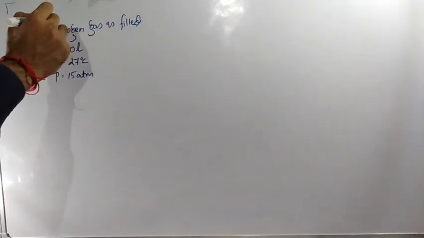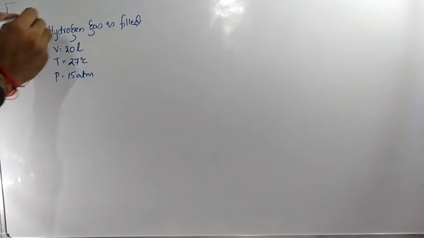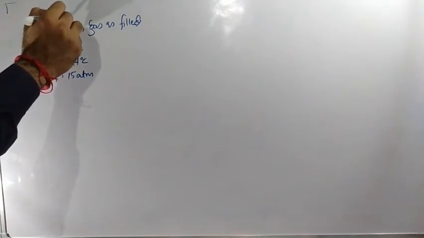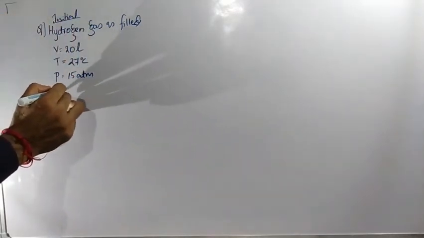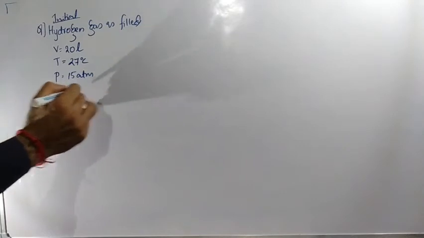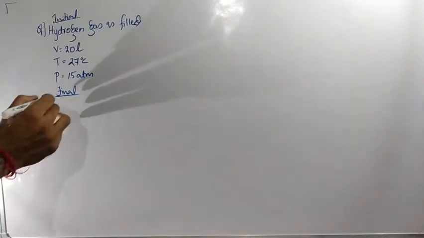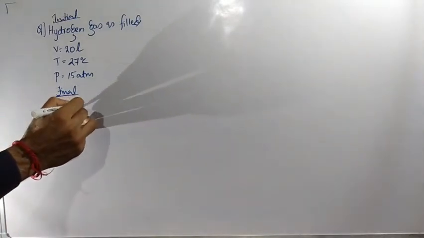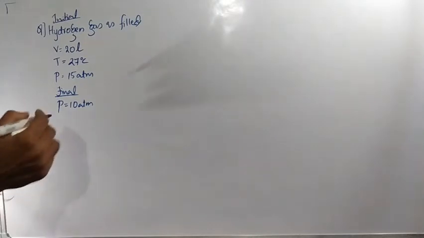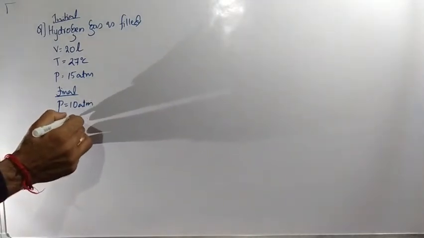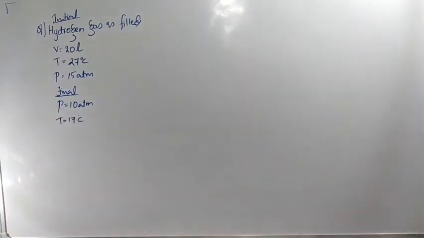So these are the initial conditions. Finally, after taking out some amount of hydrogen, pressure will become 10 atmospheric pressure, and T value is 17 degrees Celsius.